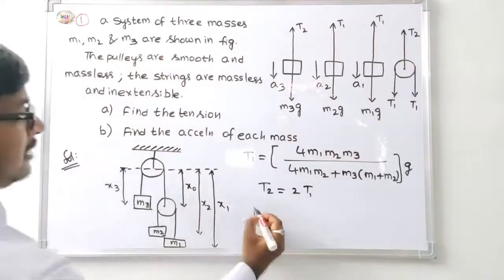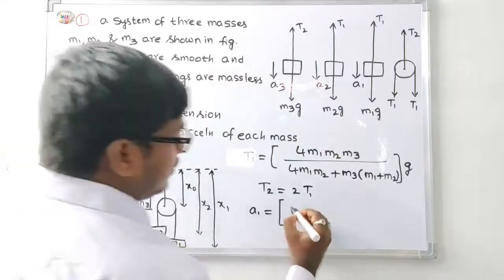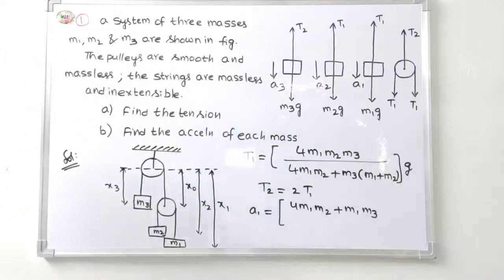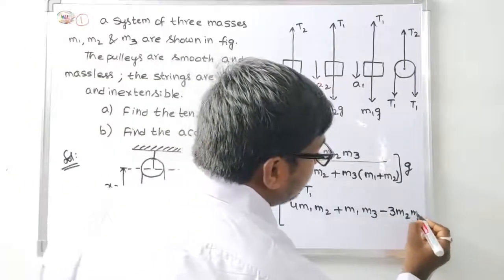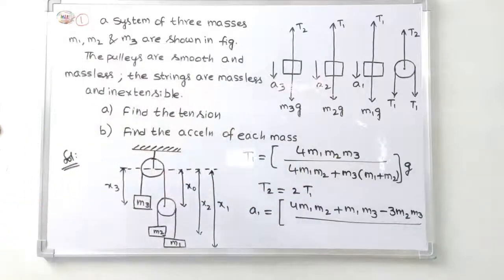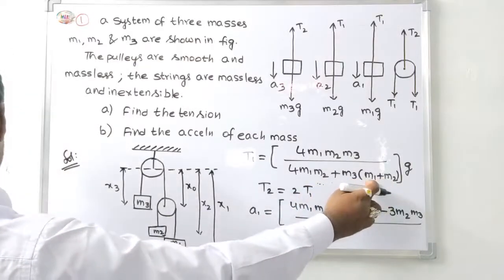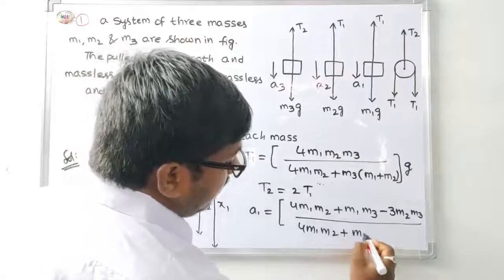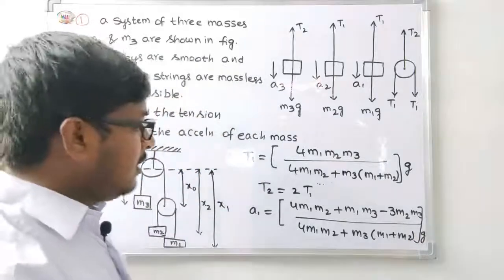Next, acceleration A1 is equal to 4 m1 m2 plus m1 m3 minus 3 m2 m3 by 4 m1 m2 plus m3 into m1 plus m2, into g. So T1, T2 and A1 are found.